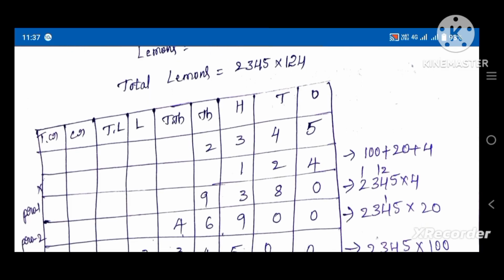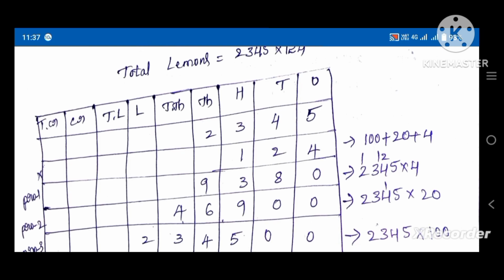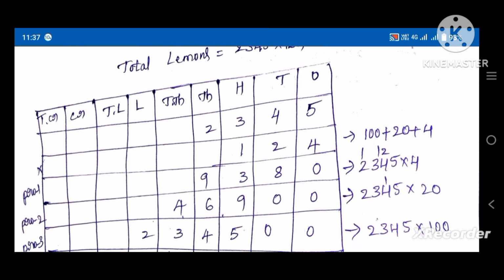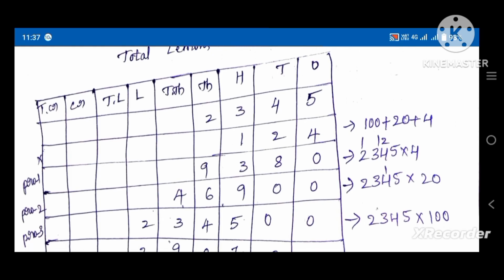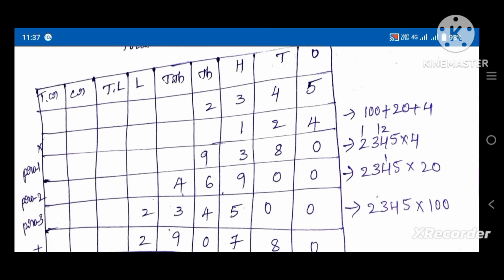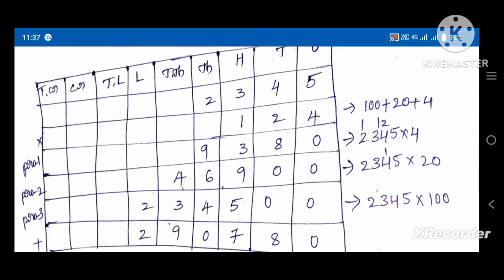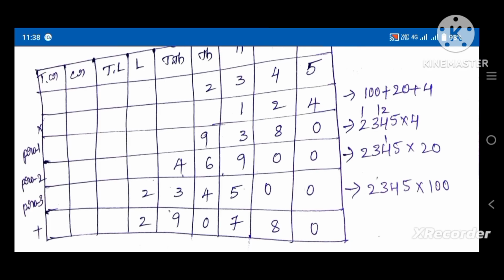Multiply by 124. 124 means 100 plus 20 plus 4. First product is multiply 2345 into 4 is equal to 9380. Second product is 2345 into 20 is equal to 46900.